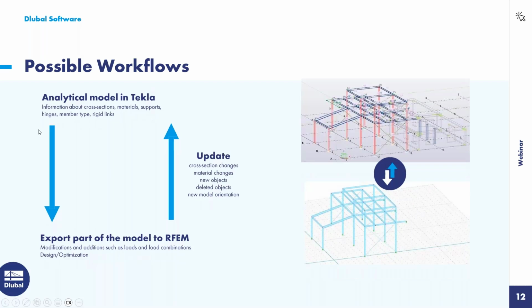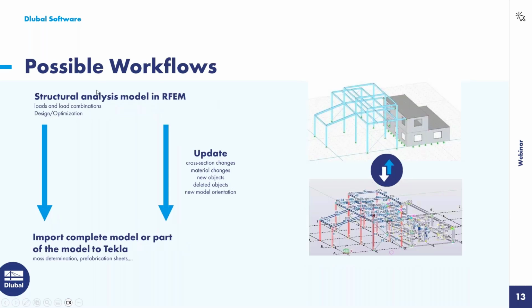The second possible workflow is pretty similar to the last one. You can take just a part of a Tekla model and export that into RFEM, do your modifications, design work and optimization, and then update that back into the Tekla model. So you can see here just part of it. This is what we will be doing today for our example.